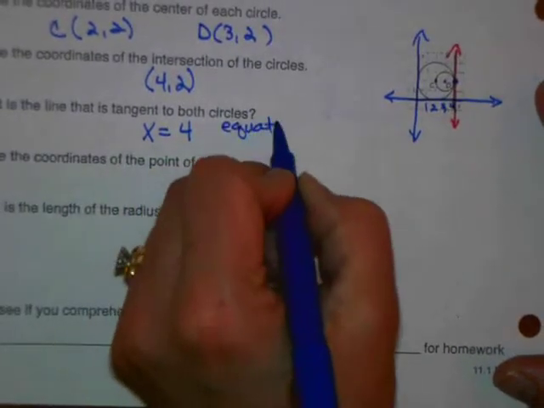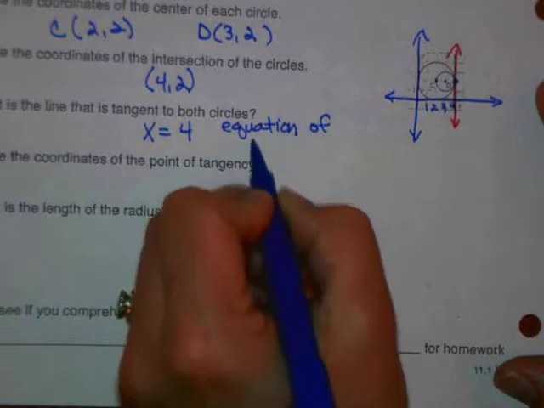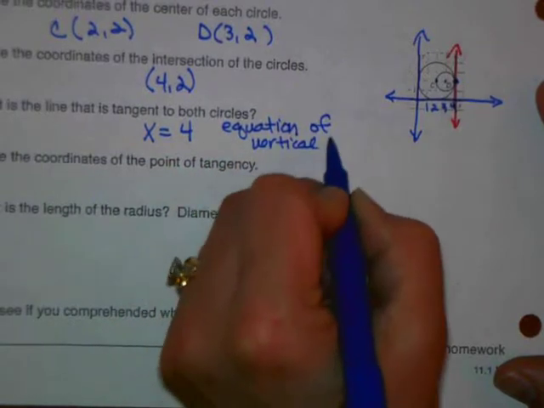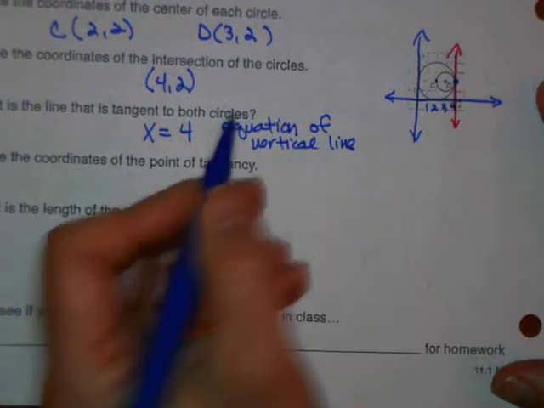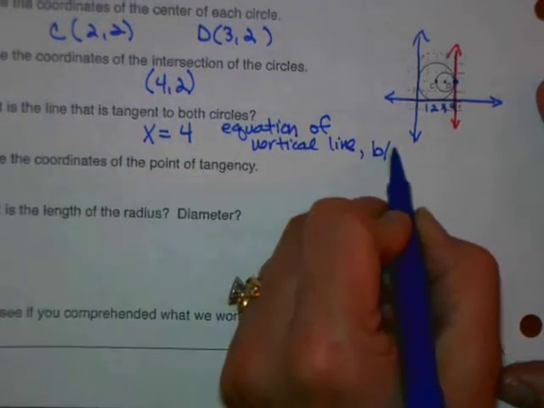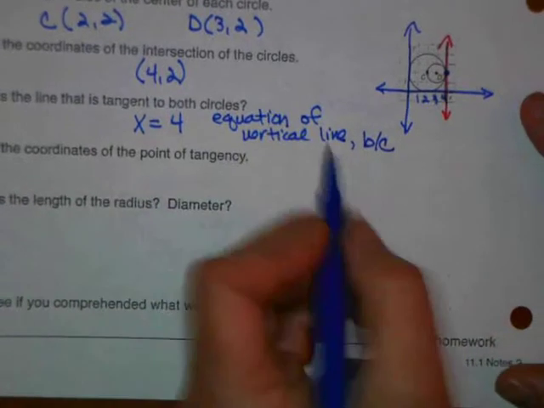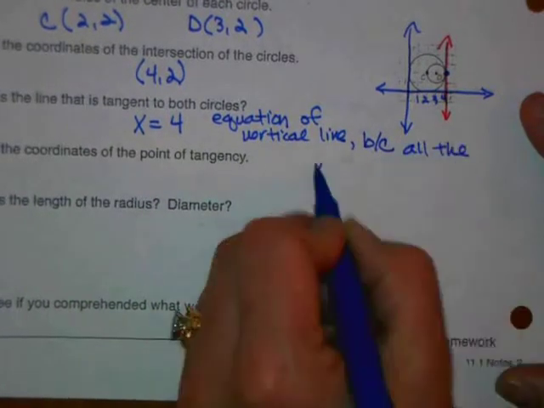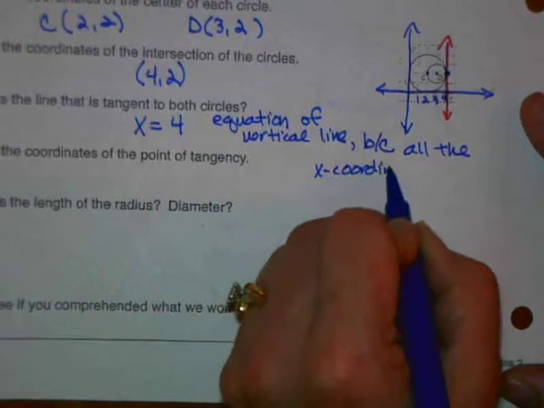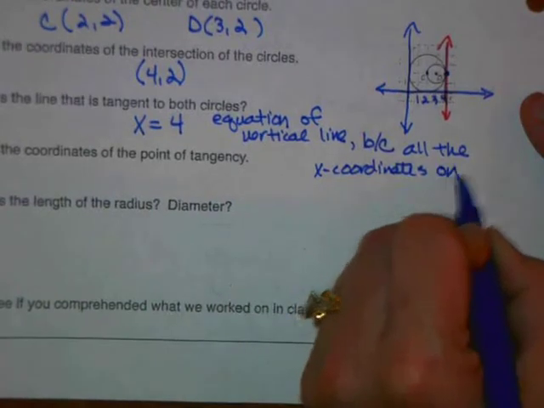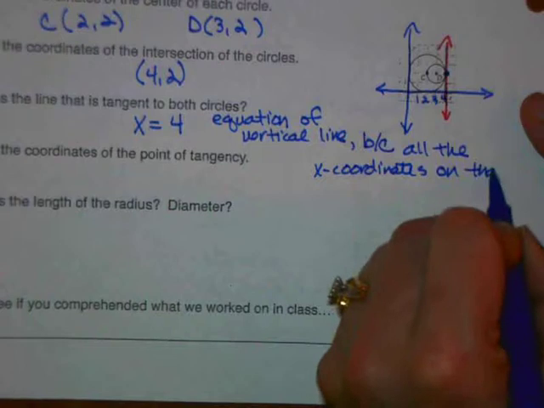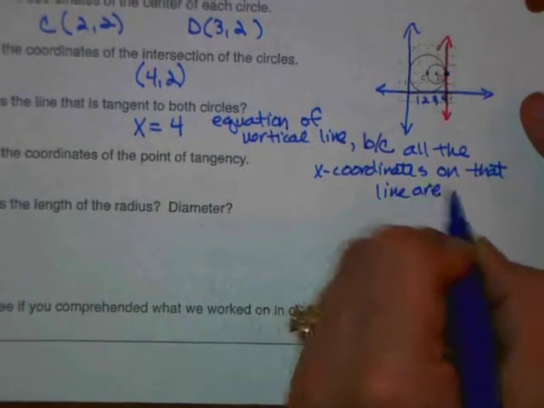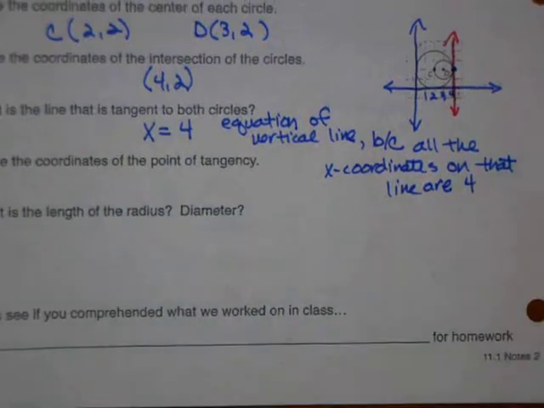The equation of a vertical line: this is the equation of a vertical line because all the x coordinates on that line are 4. So the equation of the line is x equals 4. You've learned that multiple times, in pre-algebra and algebra. So that's why it's x equals 4.